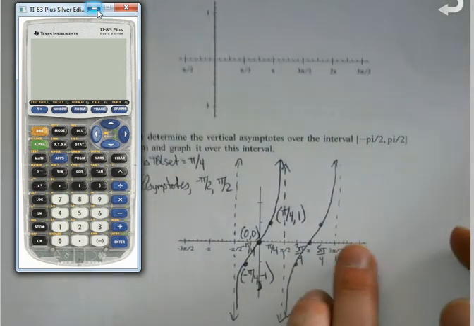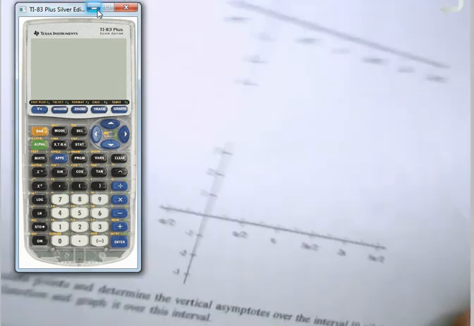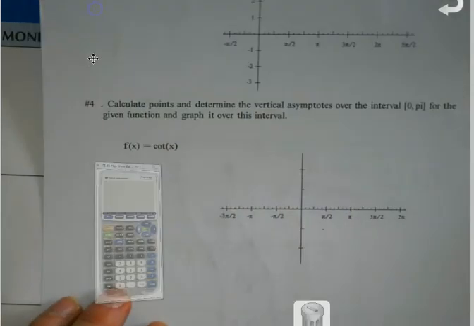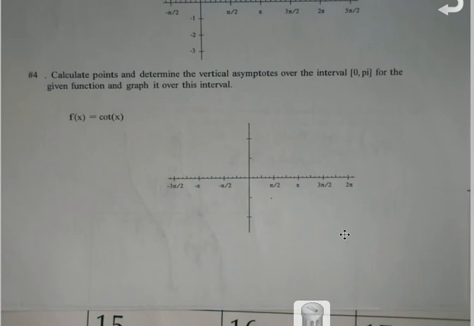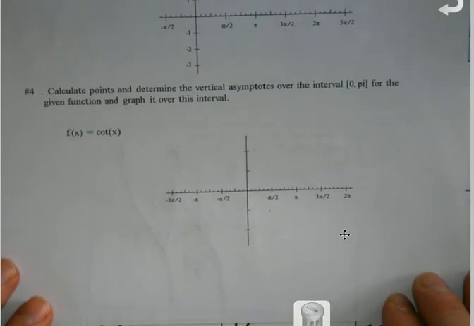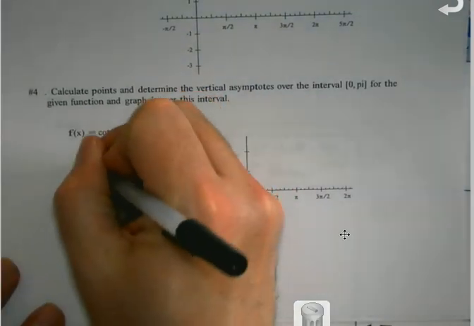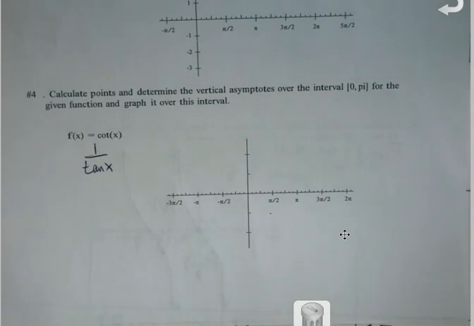So as I peek over to the back, I'm actually going to go down to the bottom to number 4. Since we're on a roll with tangent, we're going to stick with it. And I also want to be able to make comparisons anyway with it. Cotangent, like we know, is the inverse of tangent, which means the graph is just going to be the inverse.